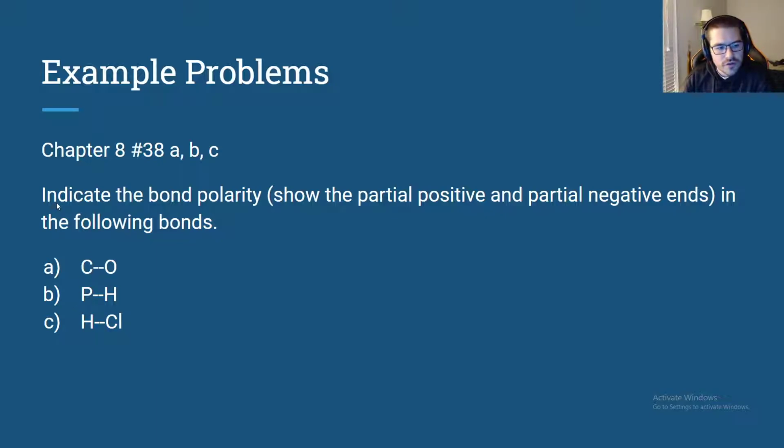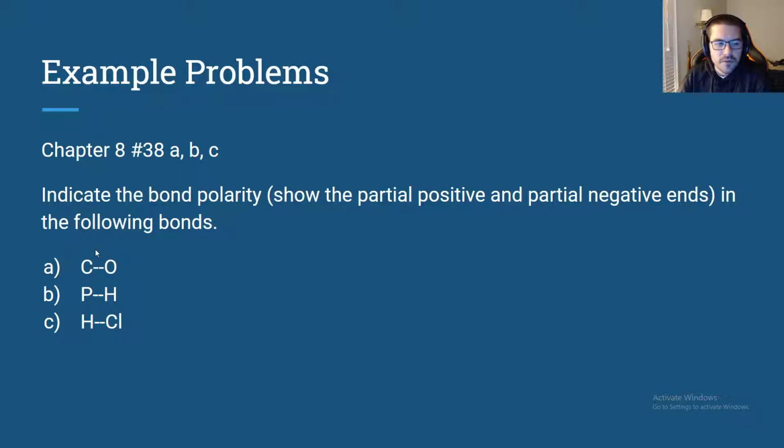The instructions tell us to indicate the bond polarity, show the partial positive and partial negative ends in the following bonds. Well, in order for a bond to be polar in the first place, there has to be a moderate difference in electronegativity between the two atoms participating in the bond.